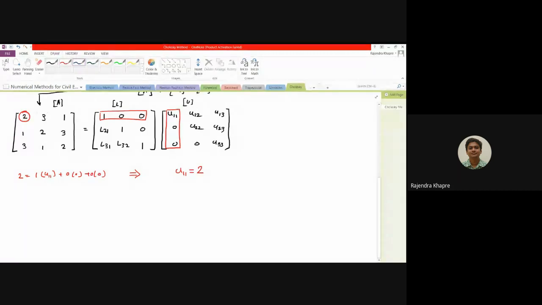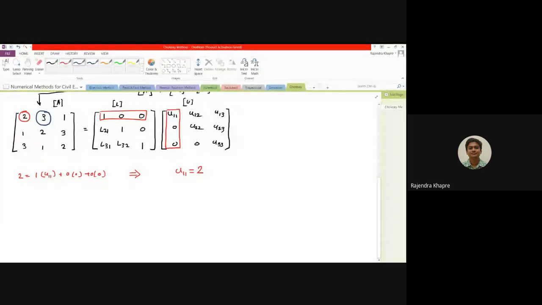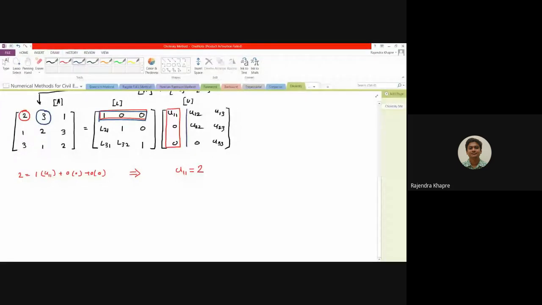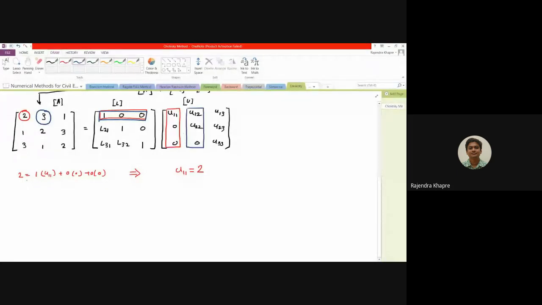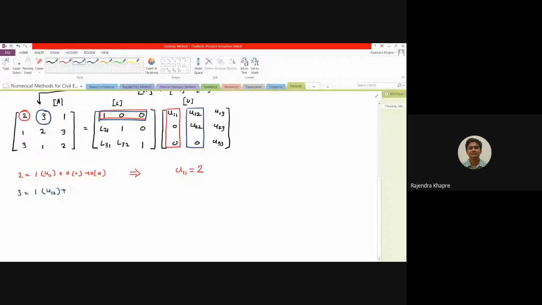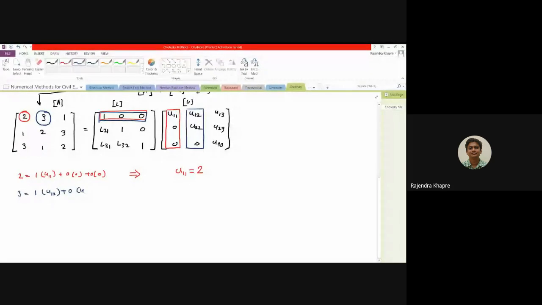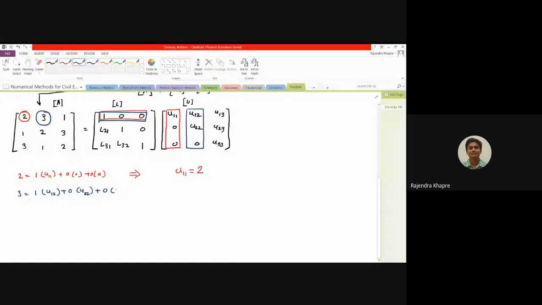Now let us try to solve this unknown. Okay, so if you take this particular row again, and if you multiply with this particular column, then you will be getting 3. So I'll be using 3 equals to, I have 1 into u12, okay, plus 0 into u22, plus you have 0 into 0.